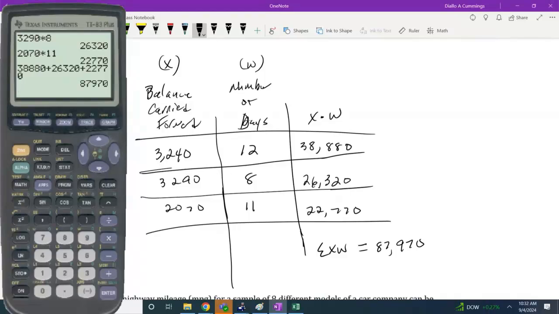Right, so that's our numerator. And now we want to find the summation of all of our days. So 12 plus 8 plus 11 should be 31.